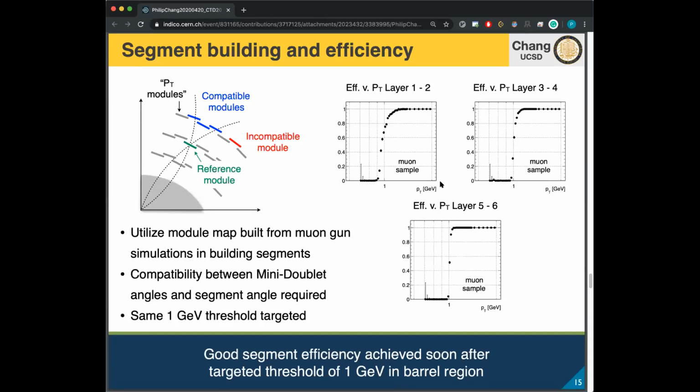This weeds out segments that are not true and accepts only the segments consistent with a real track. On the right-hand side, I'm showing you the segments between, for example, layer 1 to 2, layer 3 to 4, or 5 to 6, and again it shows a good efficiency achieved soon after the 1 GeV targeted threshold.